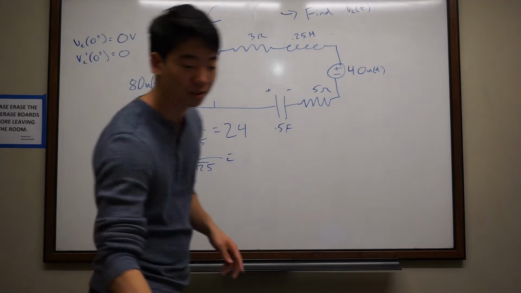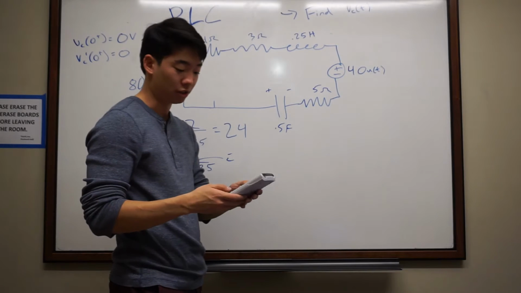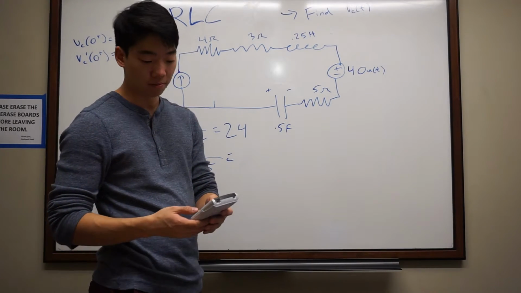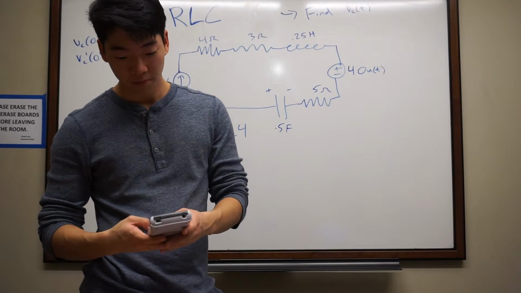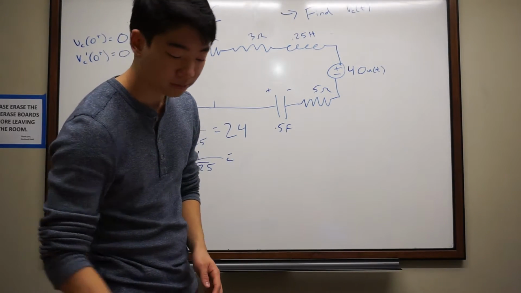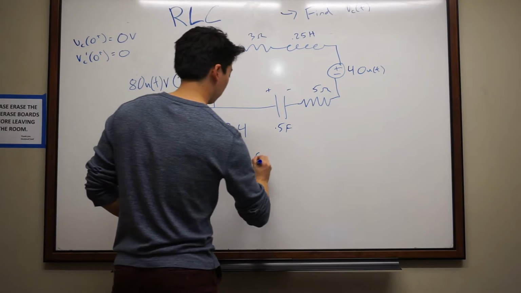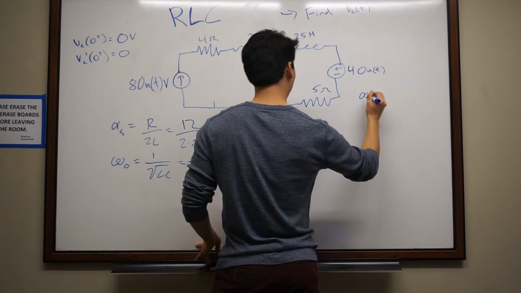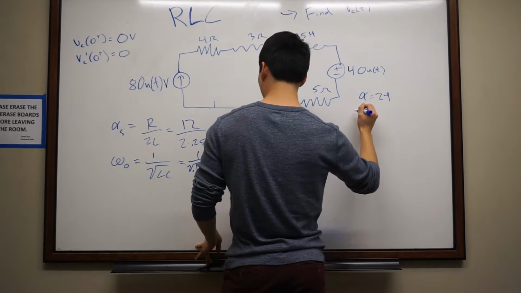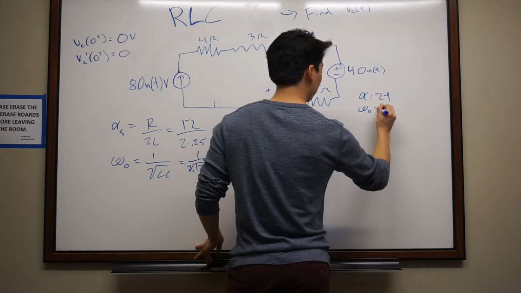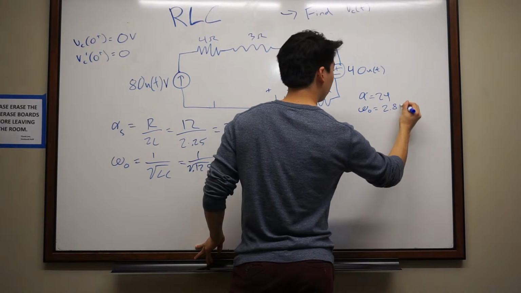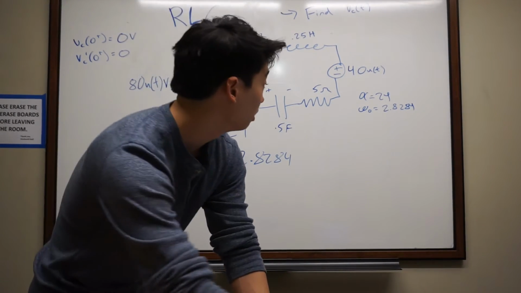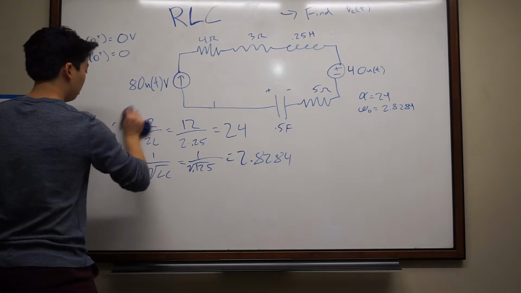So 1 over the square root of 0.125 is going to be equal to 2.8284. So we can write over here, alpha is equal to 24, W naught is equal to 2.8284. So obviously it's going to be overdamped just because alpha is much larger than W naught.